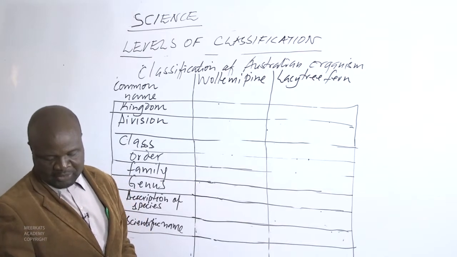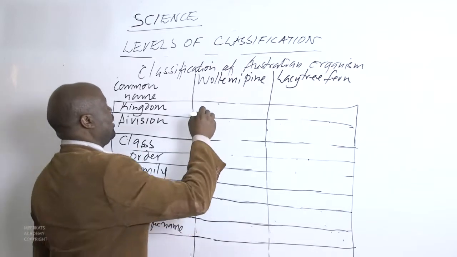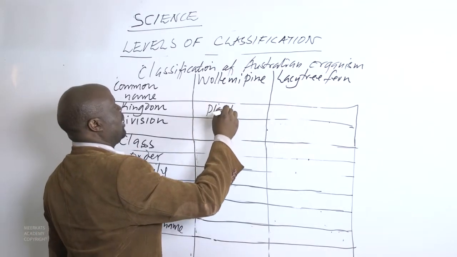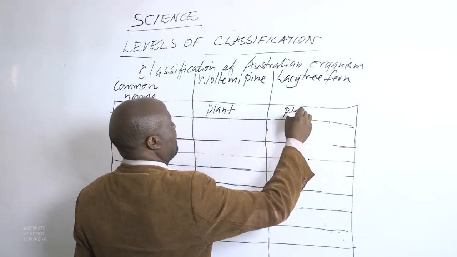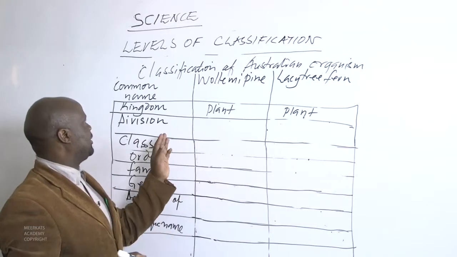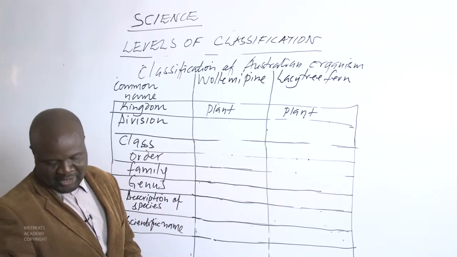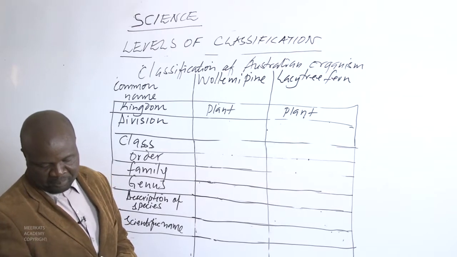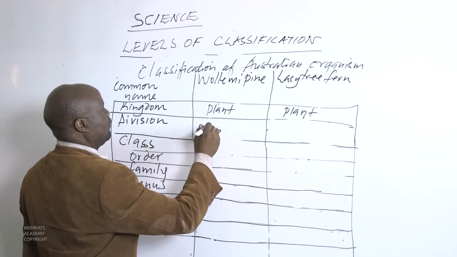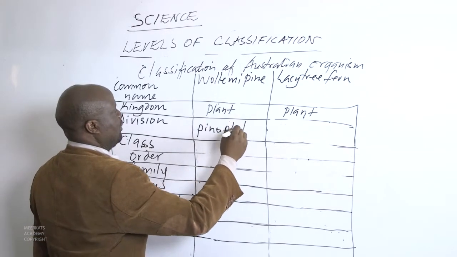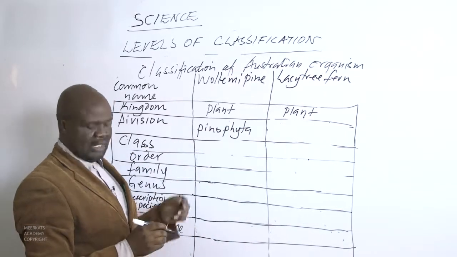We see what happens. One, these are plants, so when it comes to kingdom, they belong to the same plant kingdom. So when it comes to the highest level, they're in the plant kingdom. When we go to the divisions, they differ. On the division, the Wollemi pine is in the Pinophyta division.